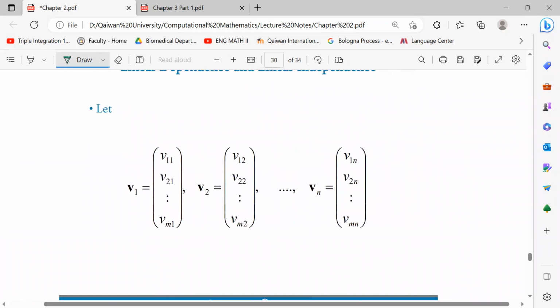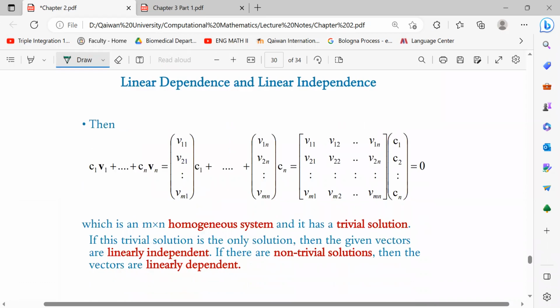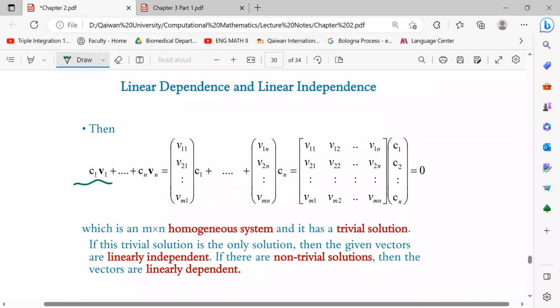Look, here you have these vectors, v1, v2 up to vn. We say these vectors are linearly dependent or linearly independent depending on what? If we have C1 times v1 plus C2 times v2 plus up to Cn times vn equal to a zero vector. To write this in matrix form, we get this matrix equal to 0.